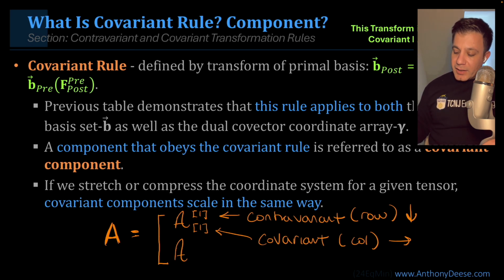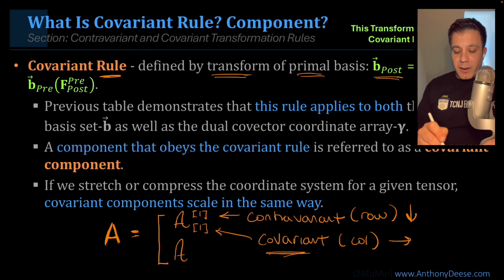We'll see there is going to be some relationship between how we use these terms here and the overall more robust, broad definition of what's a covariant rule and a covariant component. So let's jump into what we want to highlight here. The covariant rule is defined by the transform of the primal basis as shown in green. This equation should be nothing new.